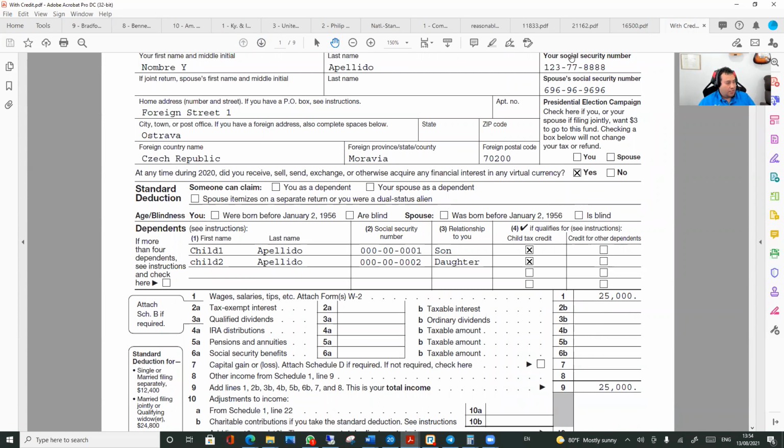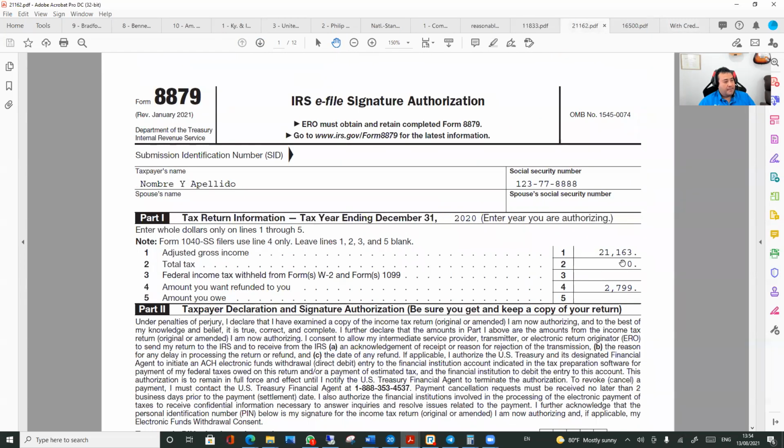What I want to show you is that there is a threshold, there is a formula to calculate the child tax credit. The child tax credit is 15% of your earned income over $2,500. So if you only made, say, $2,000 of earned income, you will get 0, because there is no earned income over $2,500.